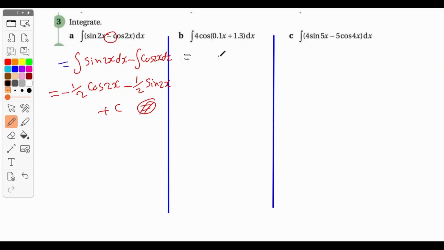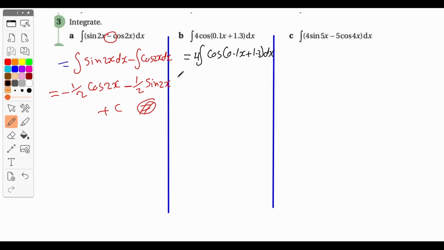Question B. Here we just have one term for cosine, the quantity 0.1x plus 1.3 dx. You can take this 4 outside. So this one could be written like this, 4 times the integral of cosine 0.1x plus 1.3 dx.